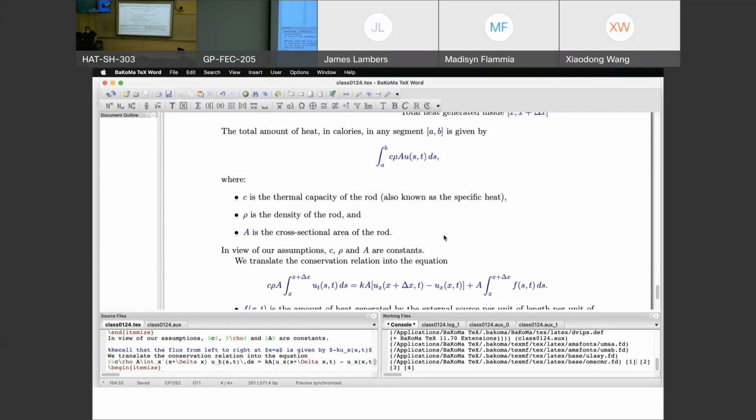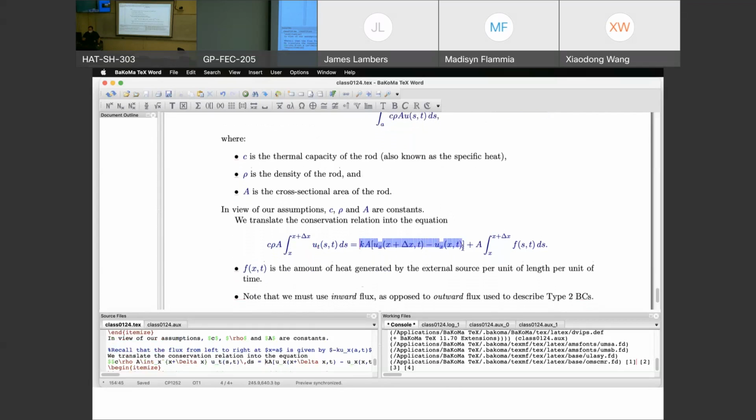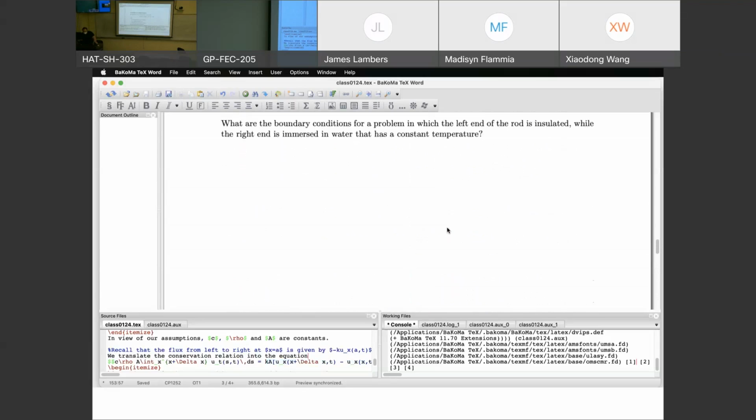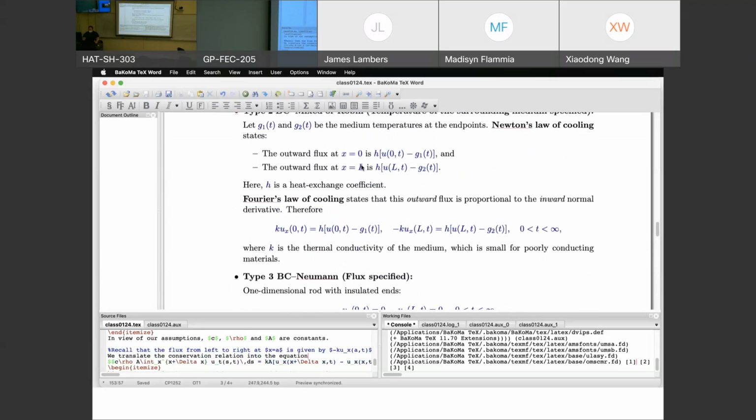For the right side, this accounts for heat energy entering or leaving. So it's entering through the left side or the right side. Now, one thing I wanted to point out is if we go back to the type 2 boundary condition, here we have outward flux.